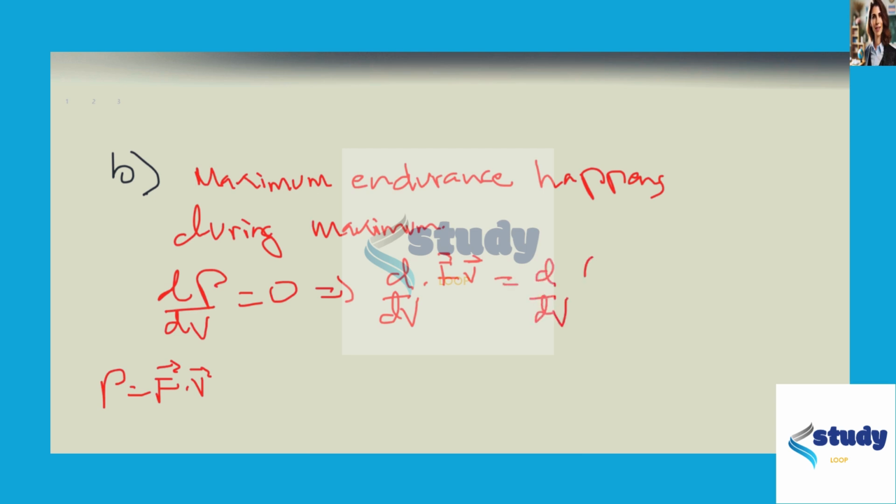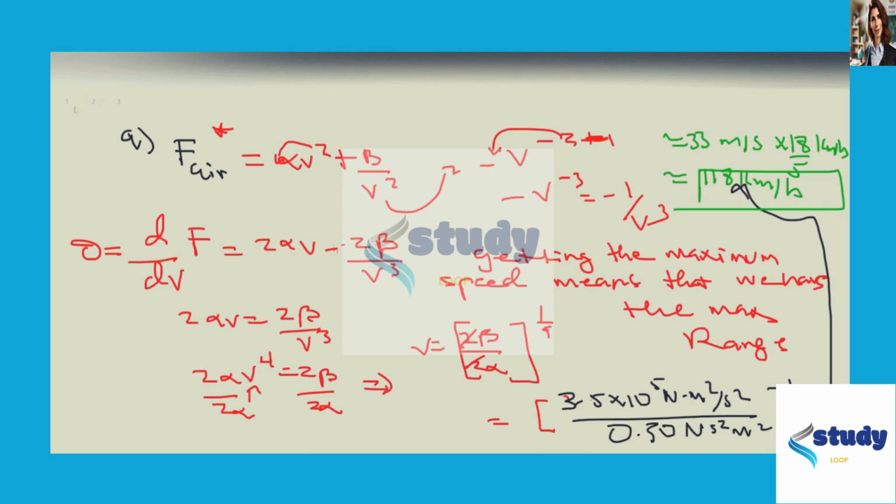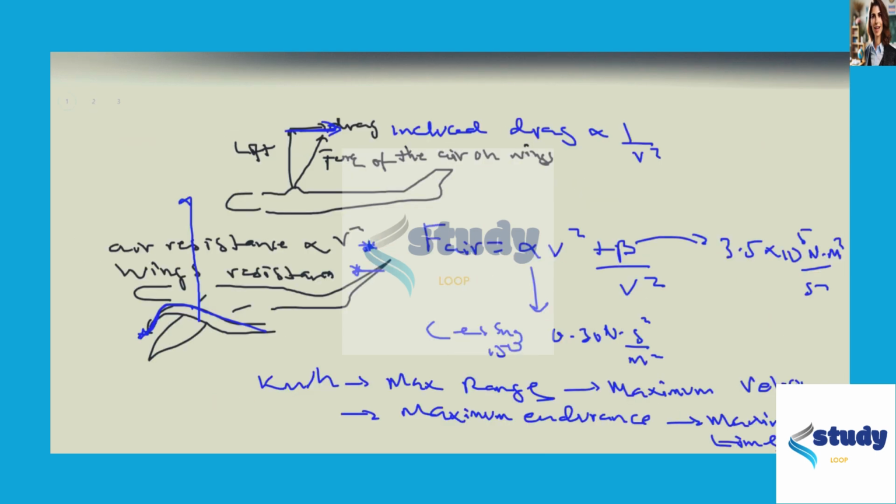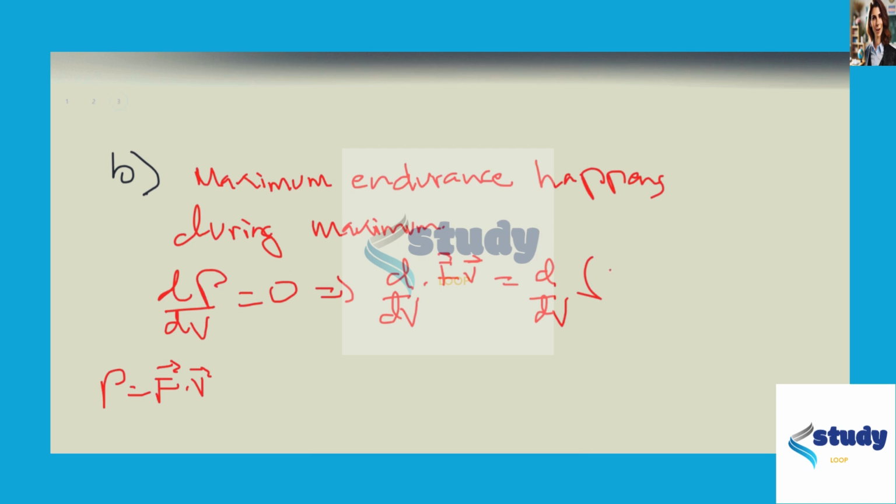The force that we are using, if you go back, is the force in the air, alpha v squared plus beta over v squared, and then it's multiplied by this v.